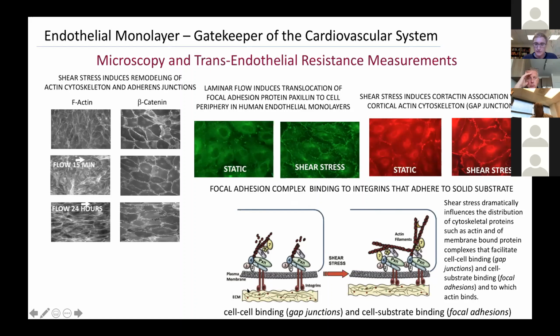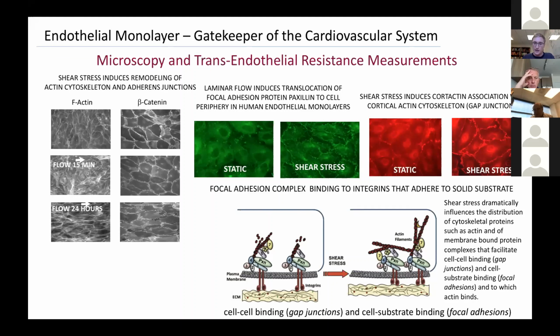So gap junctions are protein complexes that link the cytoskeleton of one cell to the cytoskeleton of the other cell. So if you think of a cell monolayer as a bunch of individual grains, they communicate with each other very strongly.